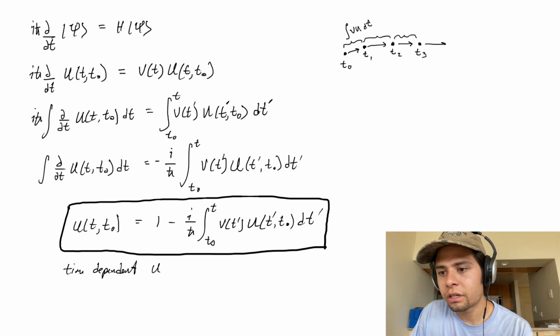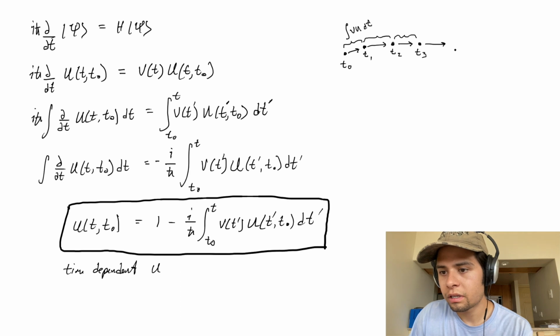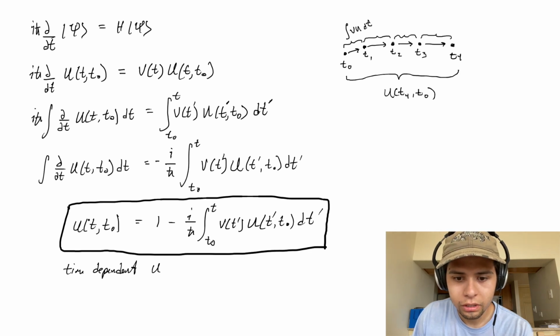And what we get eventually, say we want to stop at t4, we integrate over this little piece here. What we get in the end is u of t4 to t naught. So this t here is this t here.